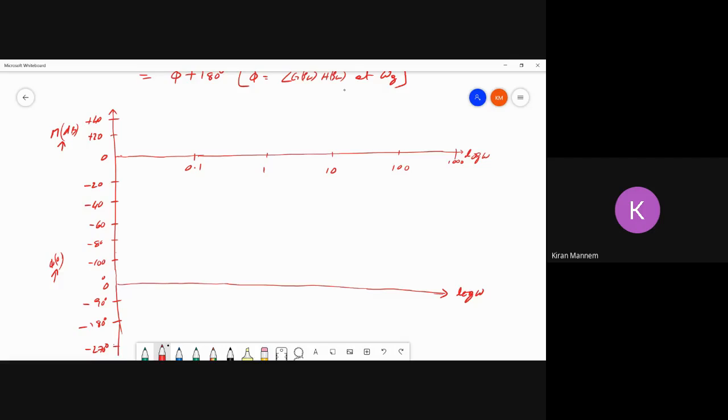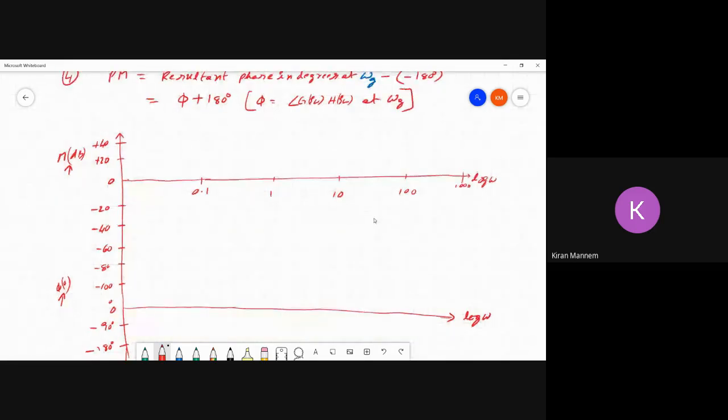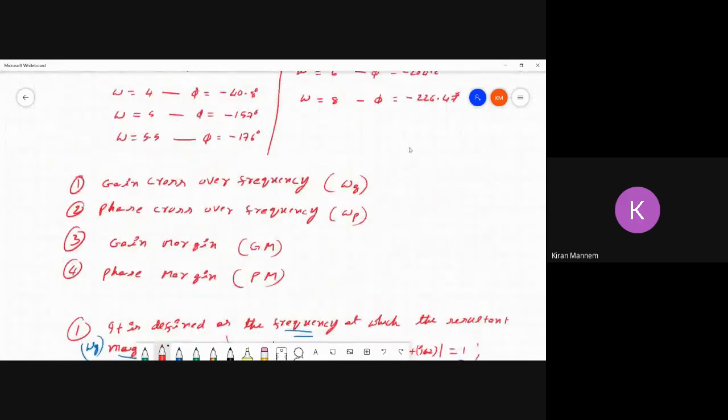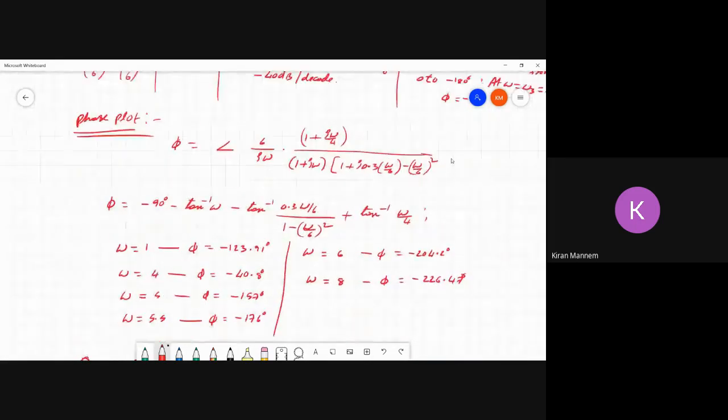What's the first basic factor? Just look at your table.